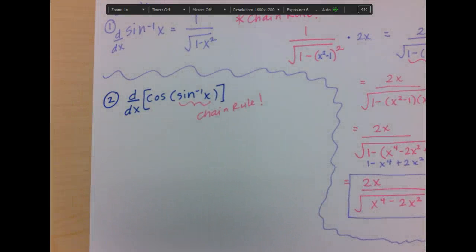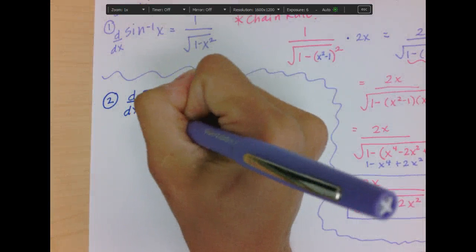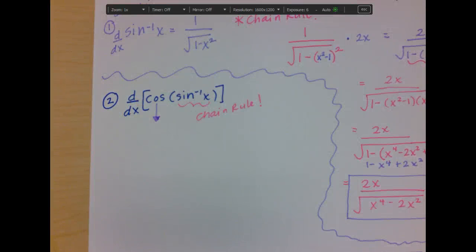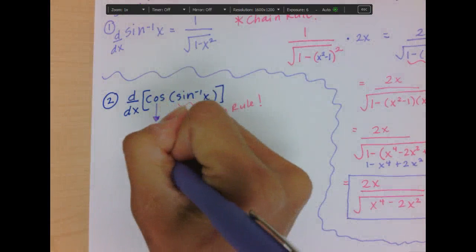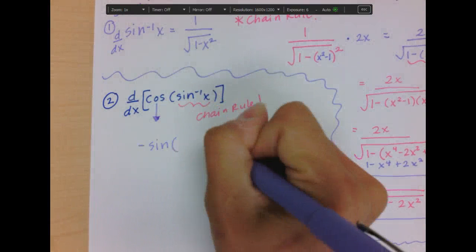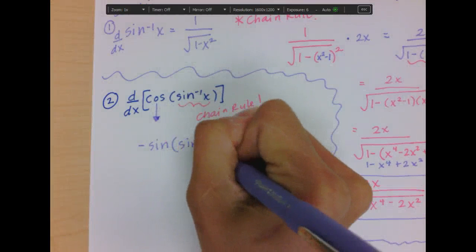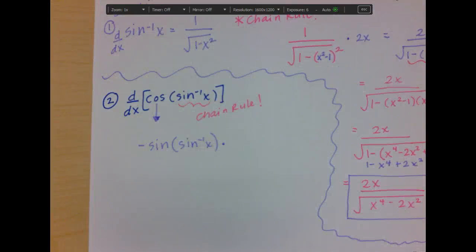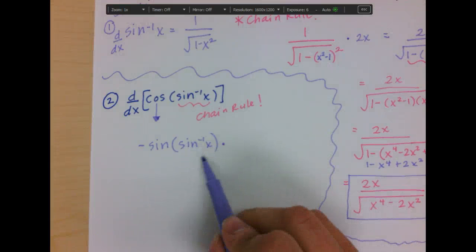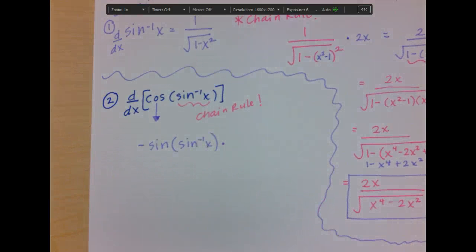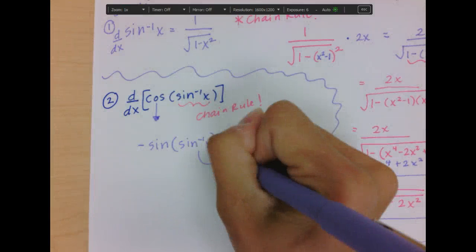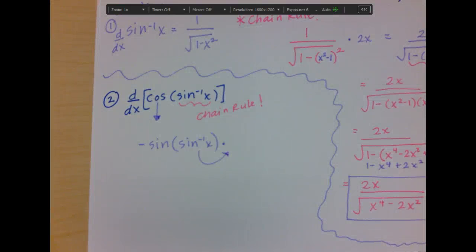First, we want to figure out the derivative of cosine. The derivative of cosine is negative sine of the argument, which in this case is the inverse sine. Then again, because it's not just x, it's the inverse sine of x, we use the chain rule, and now we take the derivative of the inverse sine.